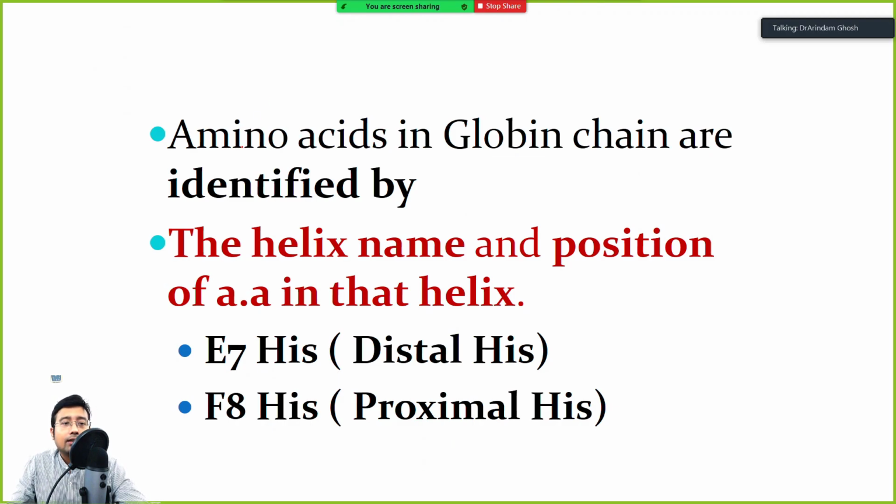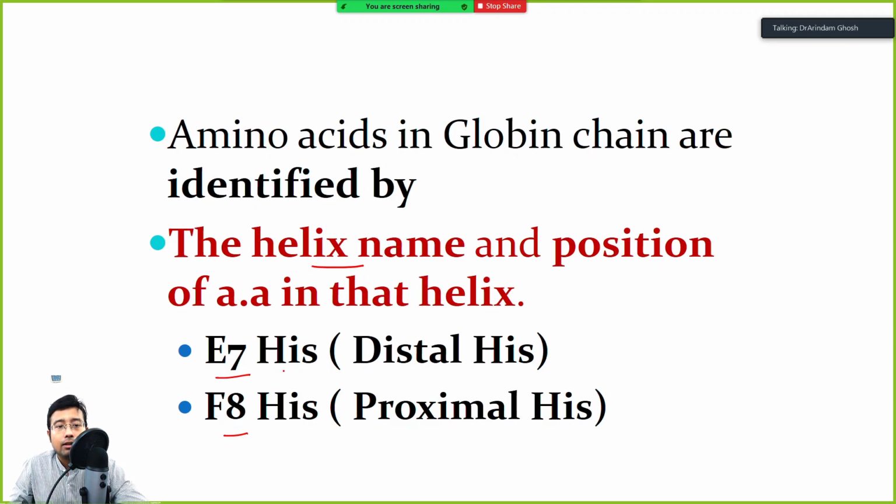So, as I told you, amino acids in the globin chain are identified by a number and the helix name, either associated with A, or located near B, C or D, and in what position. The most important of them to remember are E7 histidine and F8 histidine.